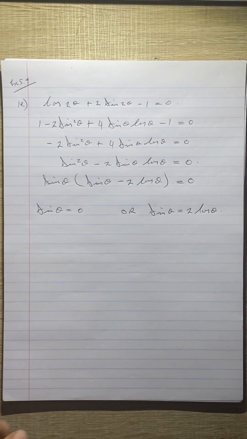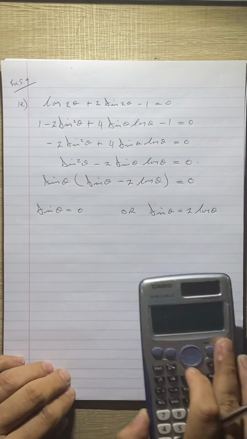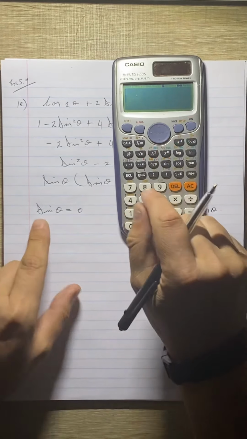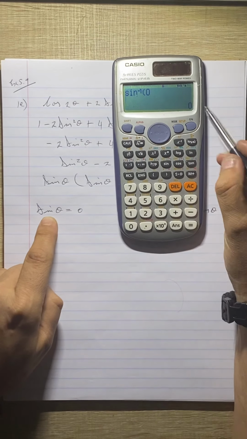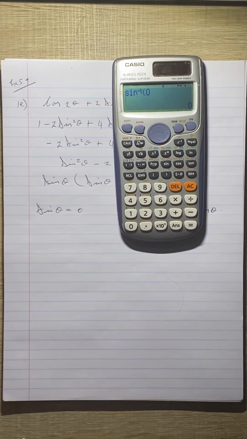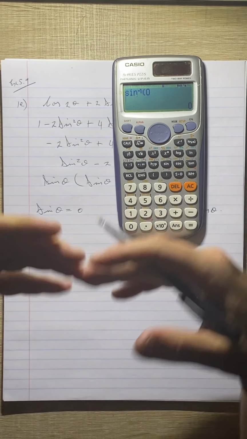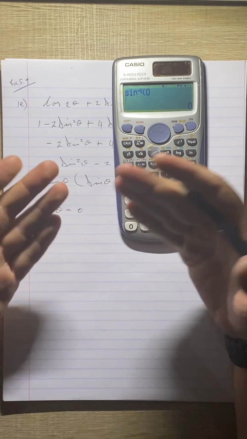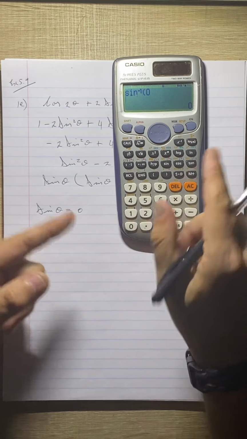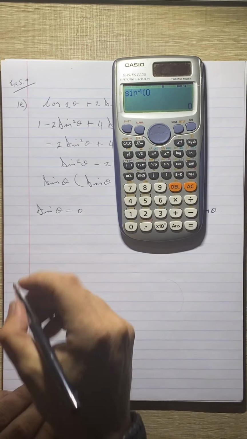We need to solve for theta, so I'm going to be using the general solution. On your calculator, we're going to go shift sin 0, and that's our reference angle. The general solution for sine is, the one is your reference angle plus k360, and the other one is 180 minus your reference angle. So that's what I'm going to be doing here.